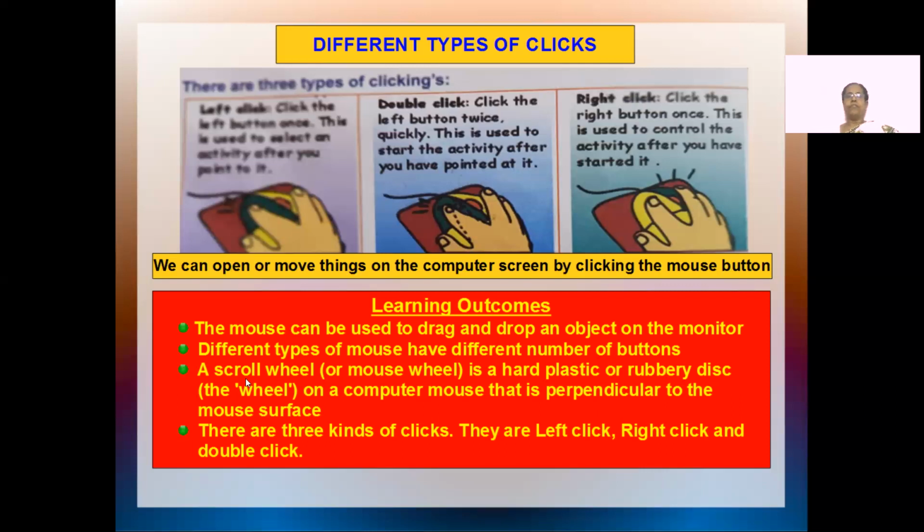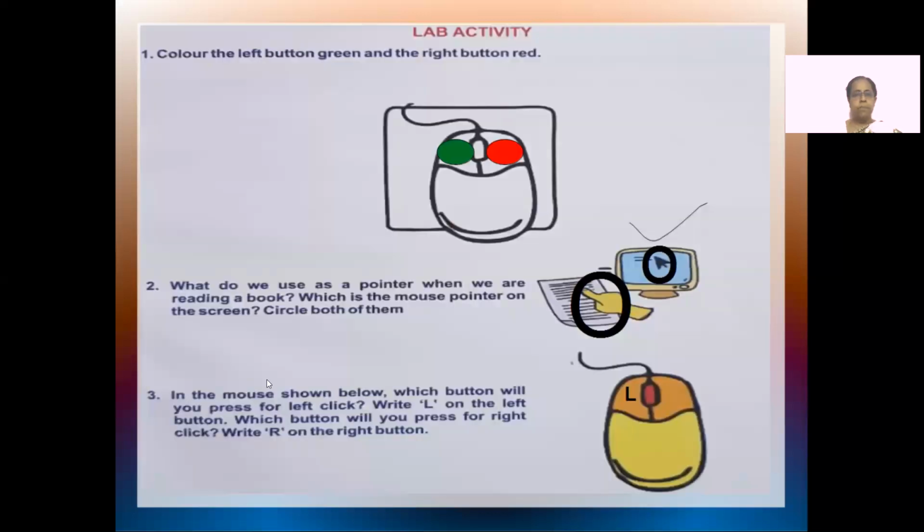And the scroller wheel is a round plastic disc or a rubber disc. It looks like a wheel and it's placed perpendicularly in the middle of the two clicks. There are three types of clicks: left, right, and the double click. Now on page number 18, you have your lab activity also, and I expect you to do it, children.